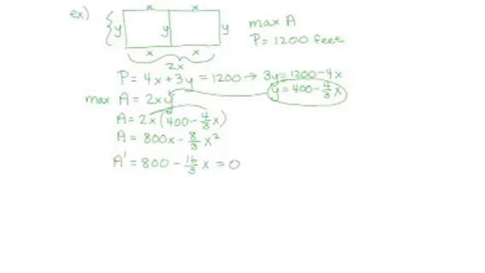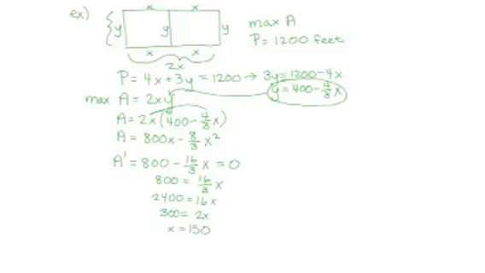We could add 16/3 x to both sides, so we have 800 equals 16/3 x. I'll just multiply both sides by 3, and I get 2400 equals 16x. Divide by 16, and that gives me 150.